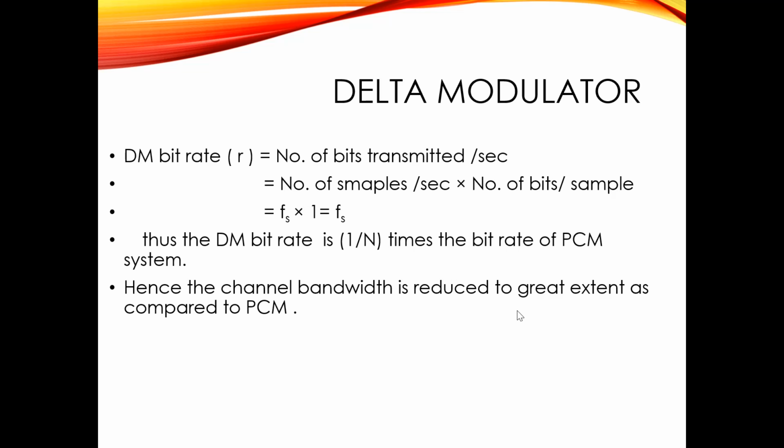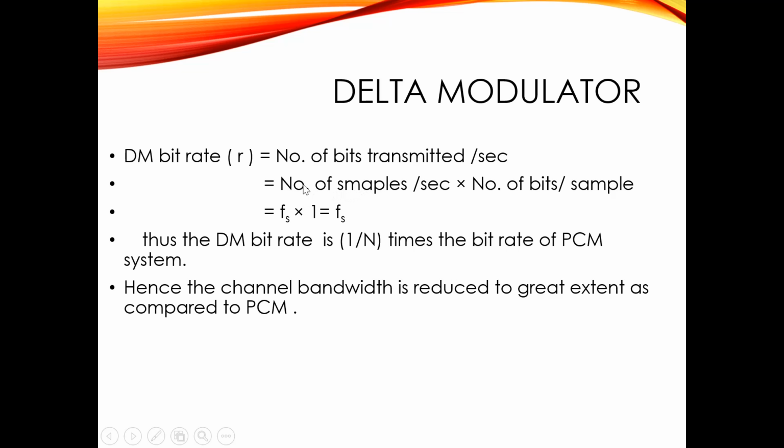So in delta modulator system, we can find the bit rate or signaling rate, that is the number of bits transmitted per second. In delta modulator, only one bit is transmitted per sample.